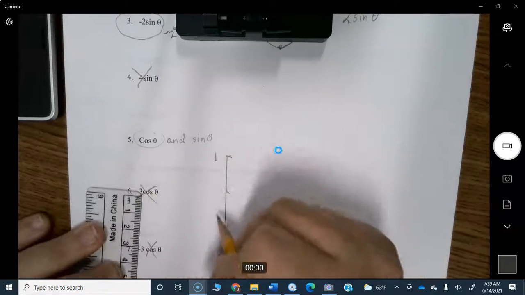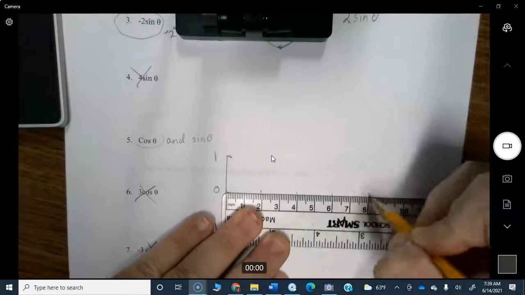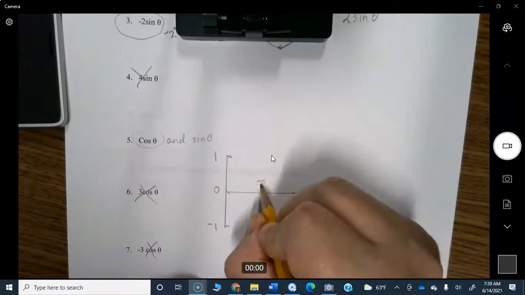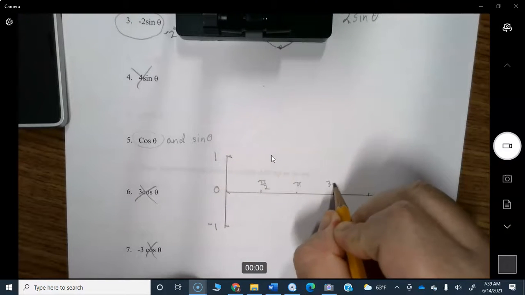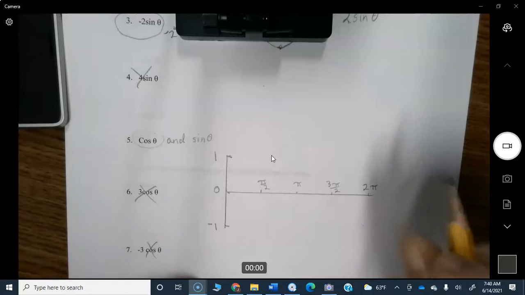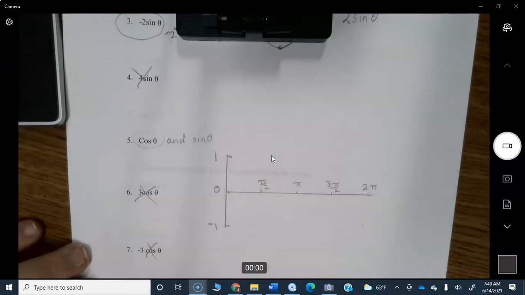This is going to be 1, 0, -1 for the height. That represents 1 time around the unit circle from 0 to 2 pi.